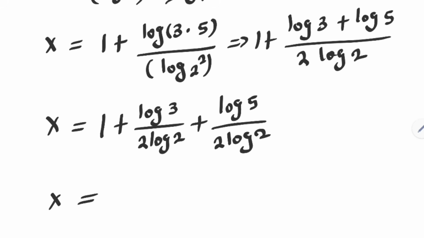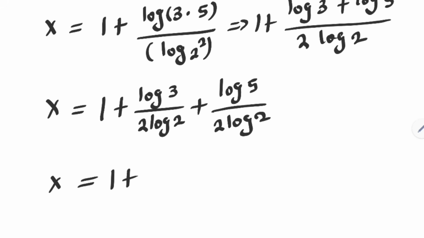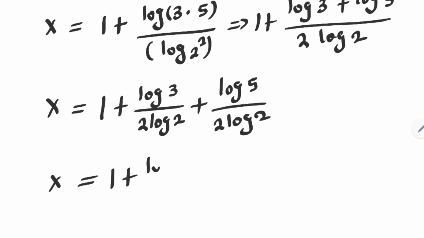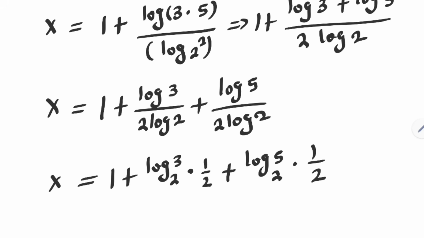x is equal to 1 plus, here we have log 3 base 2 multiplied by 1 over 2 plus log 5 base 2 multiplied by 1 over 2.